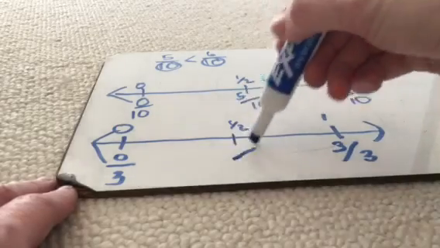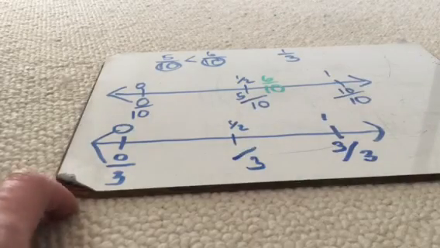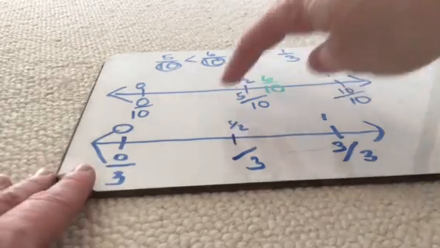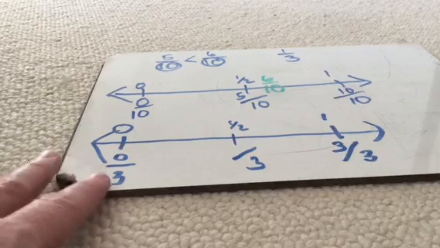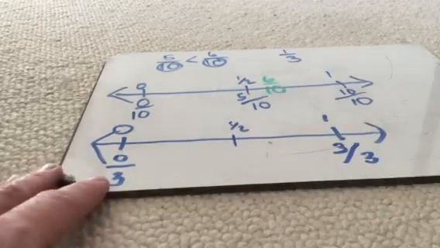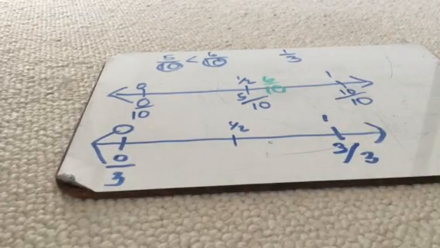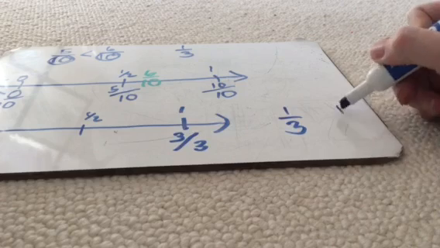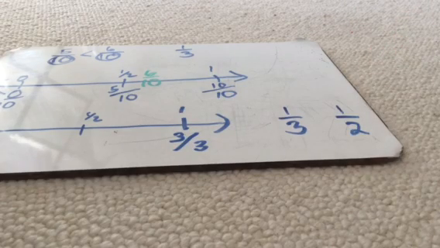Can I break 3 in half? I can't, which is where this becomes a problem. So I'm going to have to start thinking about the fractions of thirds and how they compare to 1/2.